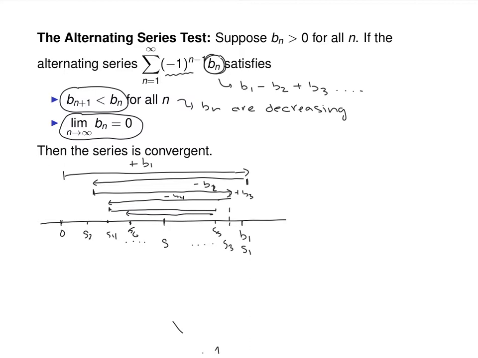And so that is the general idea of why this series is going to be converging. The even partial sums, S_2n, approach S from below, and the odd partial sums, S_(2n+1), approach S from above. So the things you have to do to show a series is converging by this test is just establish that those two conditions are met.